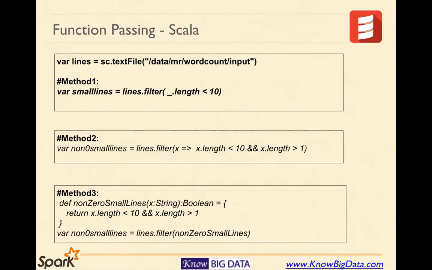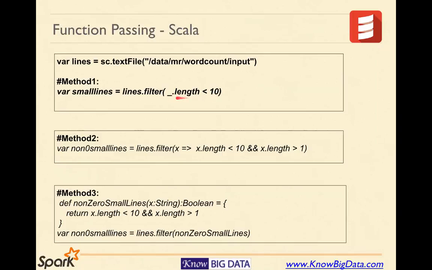When we pass a function in Scala, we could do it in three kinds of ways. The first one is the easiest, but it's also fairly tricky. Every record is marked by an underscore. You could say underscore dot length less than 10.